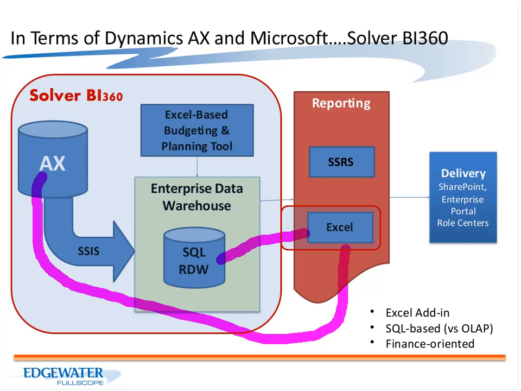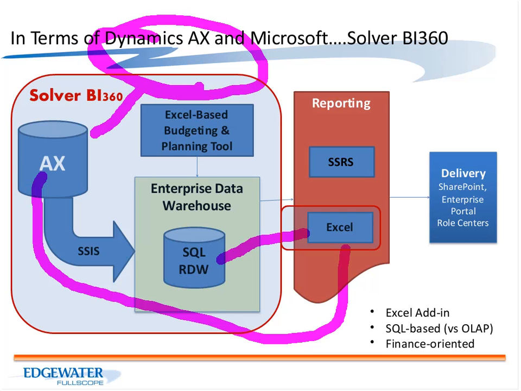While we're here, I may as well mention Atlas, which sits out here. Atlas is a connector between AX and Excel, and it's an Excel add-in. It actually works with all the Microsoft Office products, but it does reporting directly off the AX database. So it's not really an all-encompassing BI tool.